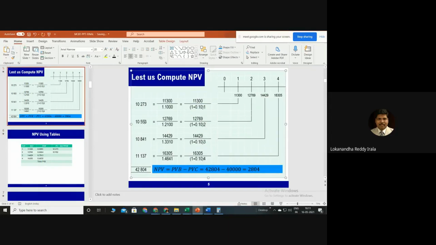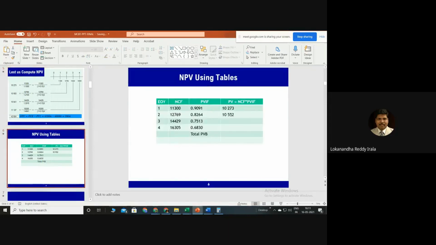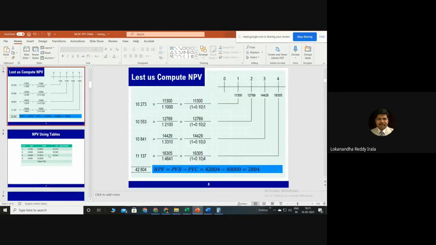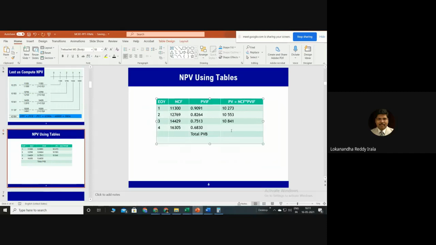Of course, we got 553 here, that's a rounding off, so it doesn't matter. So we'll take this as 10,553. Then 10,841, you need not check it now, it will be the same. Then 11,137.